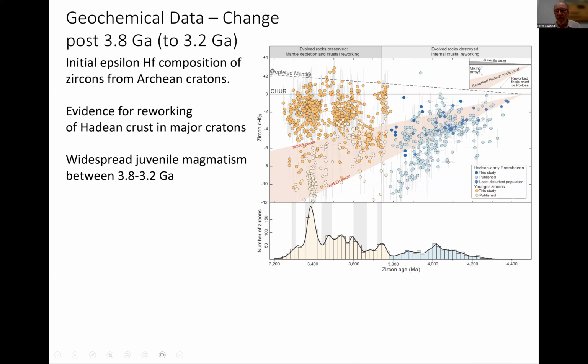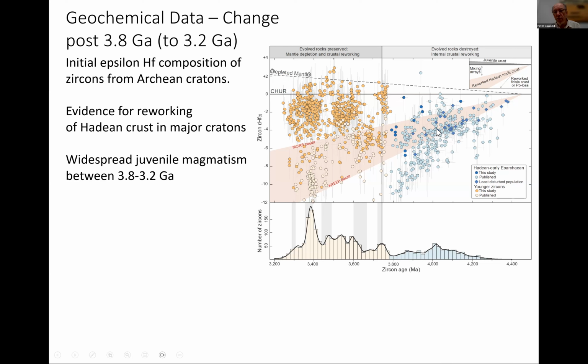So this is important. We have a Hadean and an Archean record. And what you see here is that there is a dramatic change in the nature of the hafnium isotopic ratios in these zircons at around 3.8 billion years ago. Those that are older than 3.8 basically lie below what we call CHUR, and certainly below the depleted mantle line.